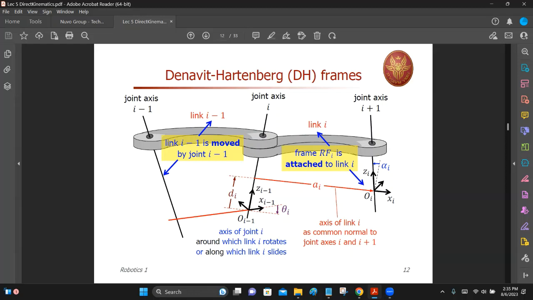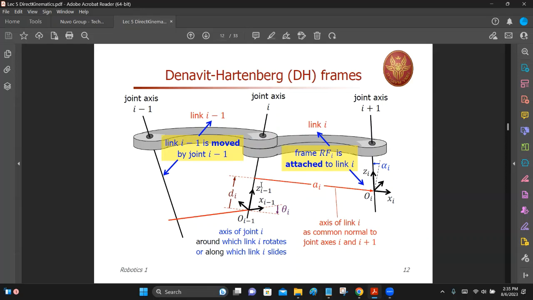Now, here you can see this link I minus 1 is coming like that. This is the common perpendicular that represents link I minus 1. And this red one over here represents link I. So two straight lines, this one and this one, right? And they are offset by a distance d I.